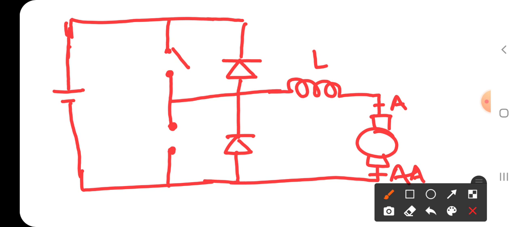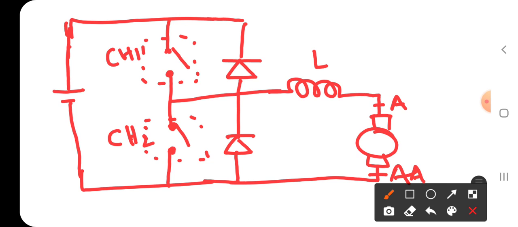Let me take the two choppers in this direction. This is CH1 and this is CH2. It is D1 and this is D2.